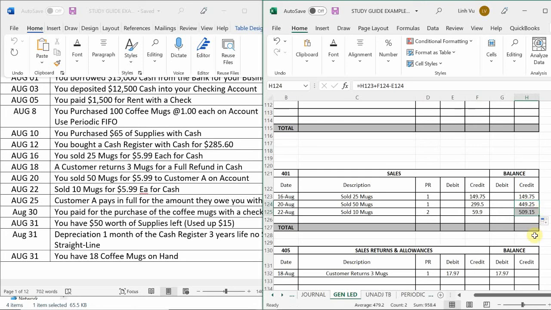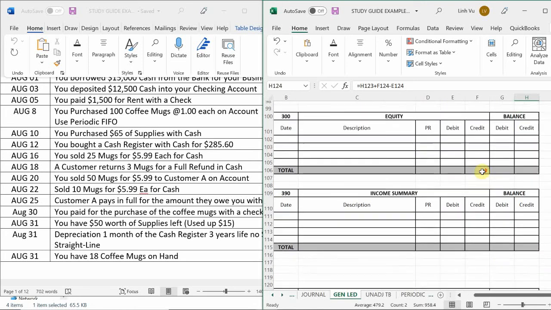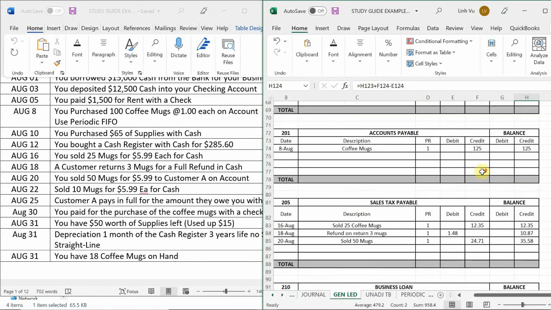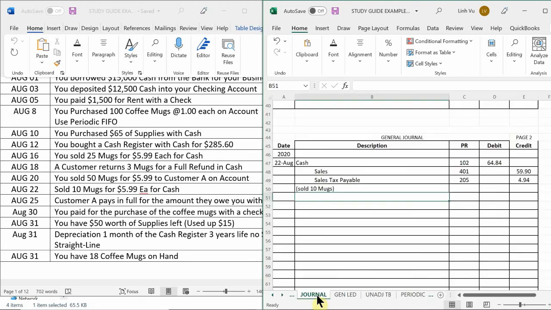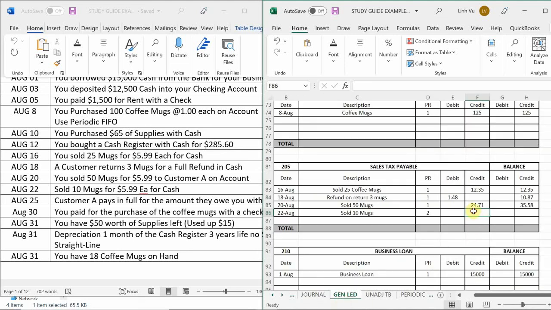That should increase your sales to now $509.15. We also had to charge sales tax, so 205, for $4.94.